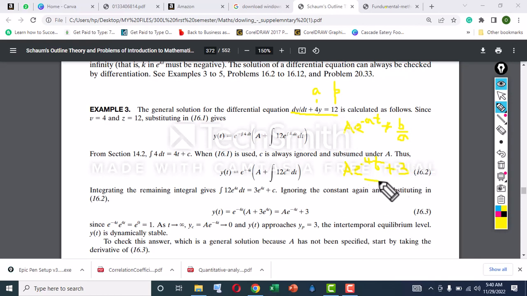So this is our final answer. We have just gotten to our final answer in 2 steps. We don't have time for story. So that's it, as simple as that.